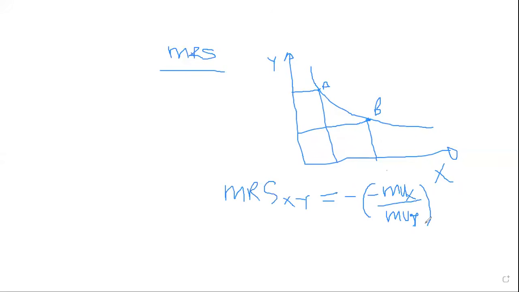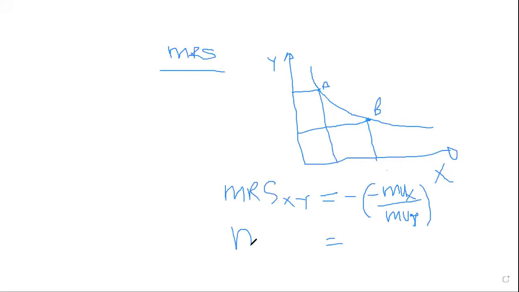So the marginal rate of substitution, which has to be positive, right, is a negative of the slope of the indifference curve. Note that the slope of the indifference curve is already negative. So negative will become positive.